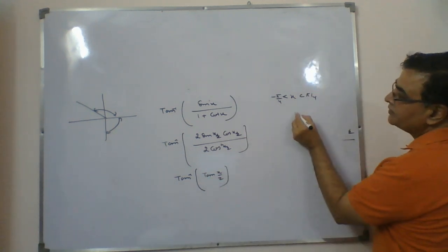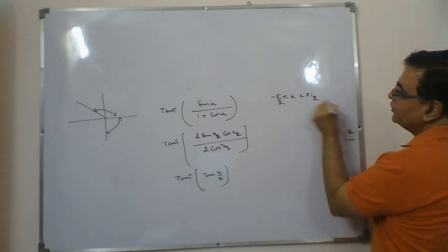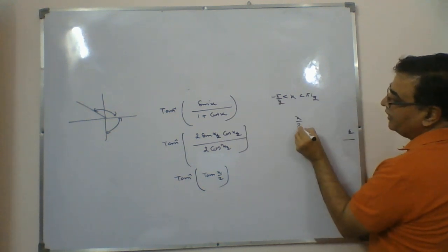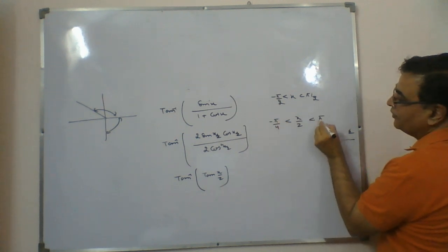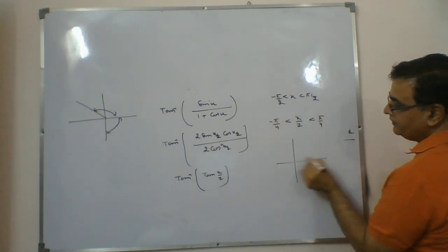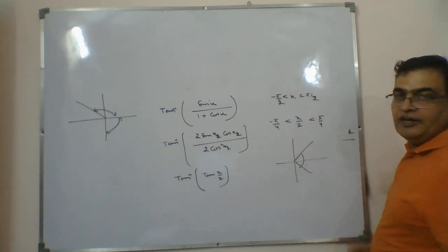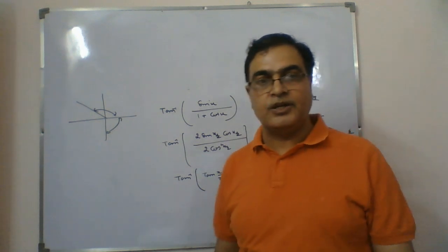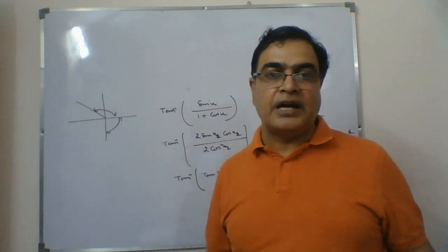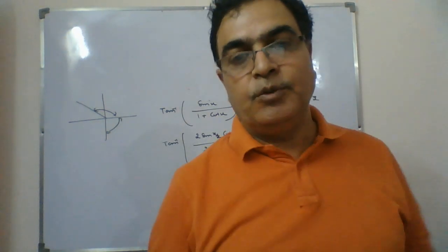When you think about x by 2, where will it go? It will go between minus pi by 4 to pi by 4. Yes, it is in this part. And whenever it is in this part, there is no problem. We will say the answer comes out to be x by 2. So this way you can start doing the question. Next time I'll be taking more problems here.